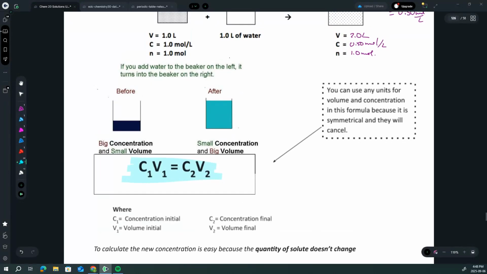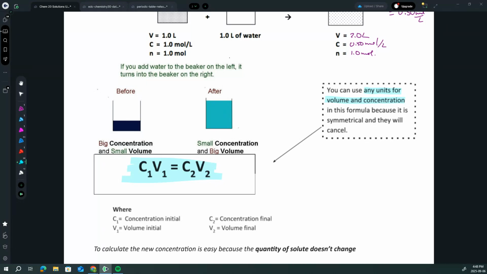The trick with this formula is you can use any units for volume and concentration because they will cancel out. The key is that concentration 1 and 2 have to have the exact same units, and volume 1 and 2 have to have the exact same units.